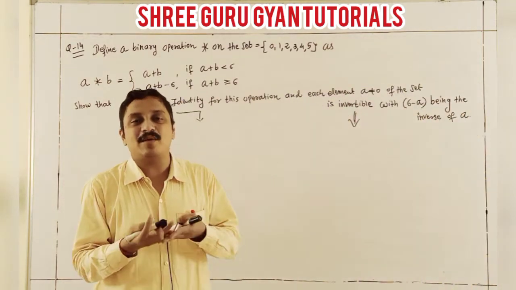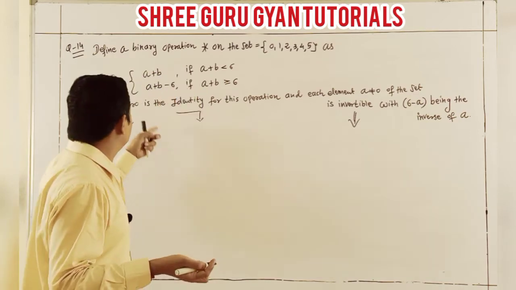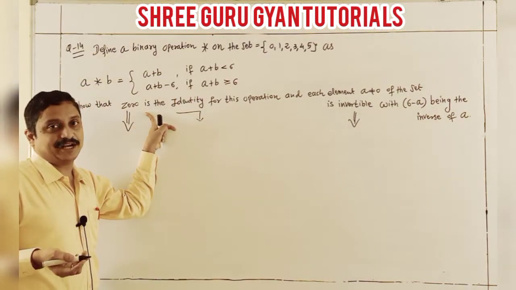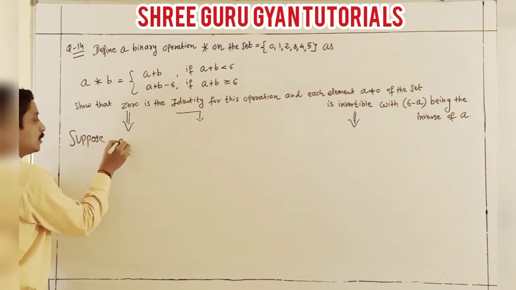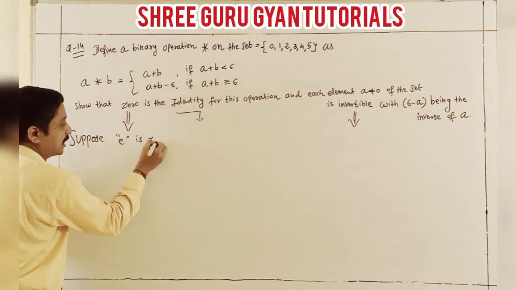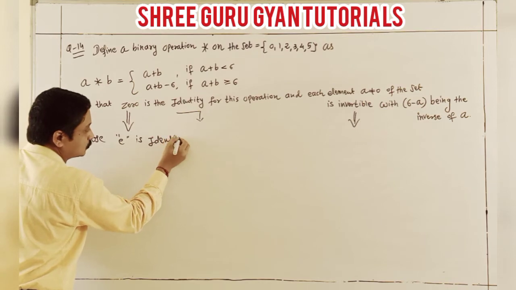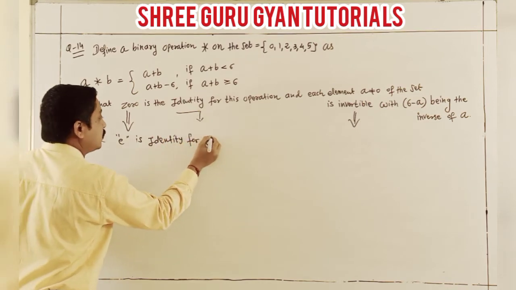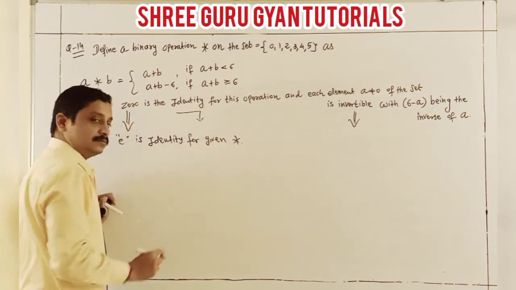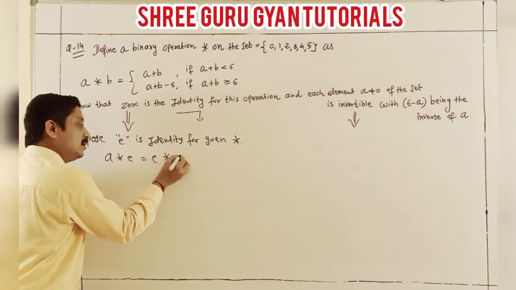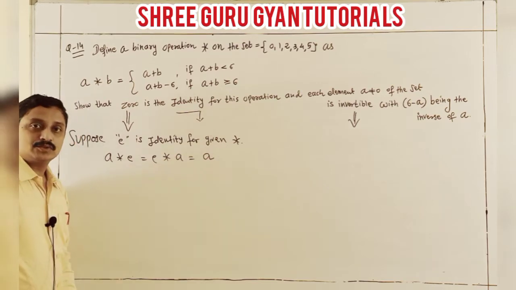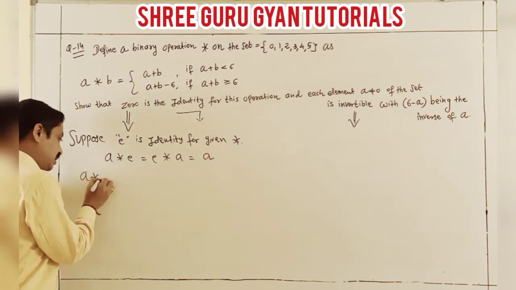The same concept I apply: first, 0 is the identity. Similarly, suppose E is the identity for the given binary. What is the rule? A binary E equals E binary A equals A. So the same concept applies here.